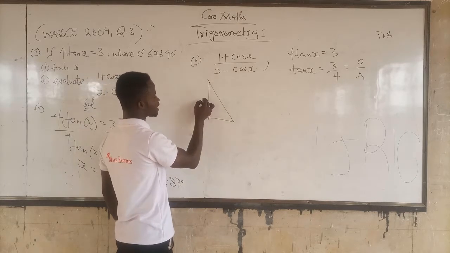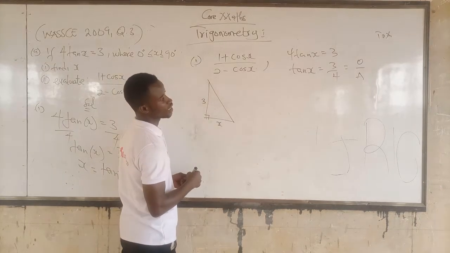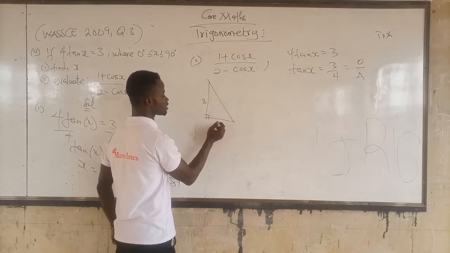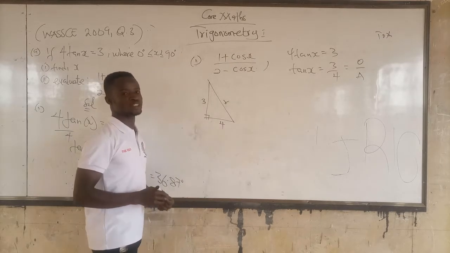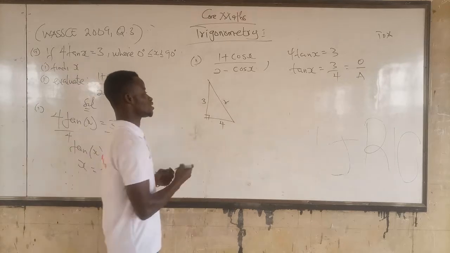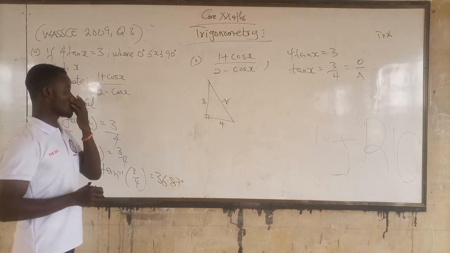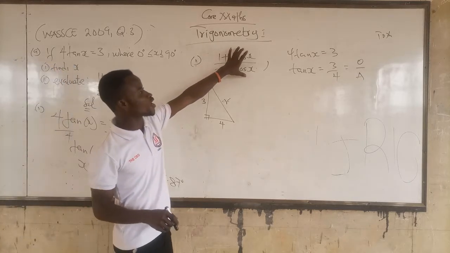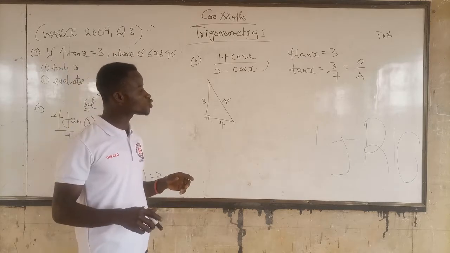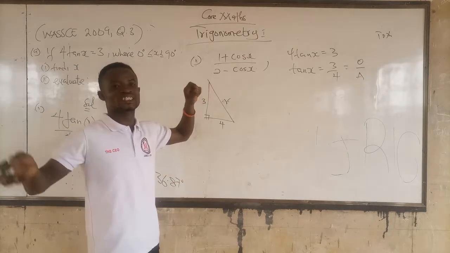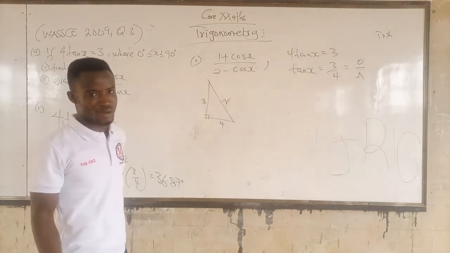Then the opposite is 3, the adjacent is 4, but we don't know the hypotenuse. So let's represent that by r. Now, to be able to evaluate this, we are interested in finding the value representing cos x. What about sin x?